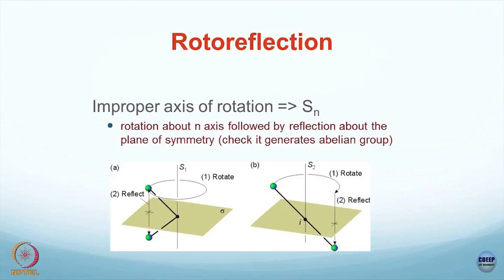Given an atom, by an inversion, suppose you have a vector, let us take a sphere. If you take a point here, the point diametrically opposite to it can be seen as an inversion about the center. This is exactly what is happening. This S2 is a rotoreflection with rotation by 180 degrees and then a reflection.